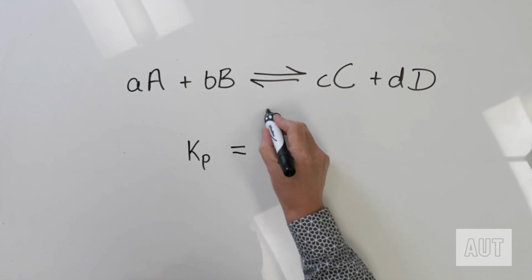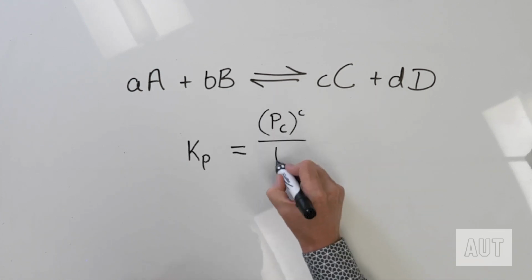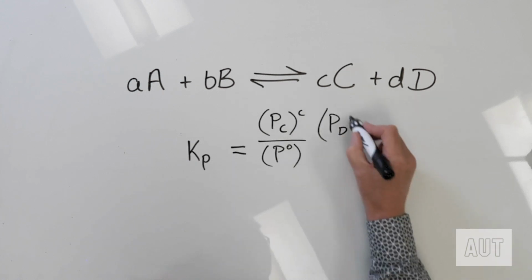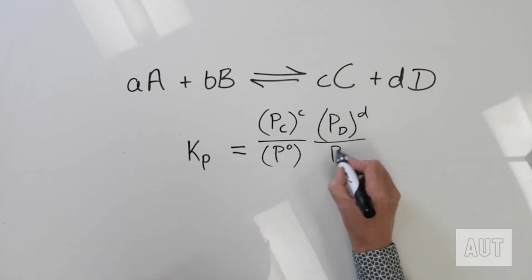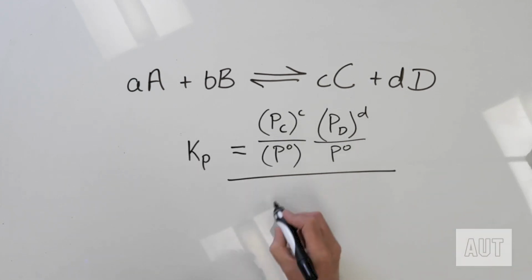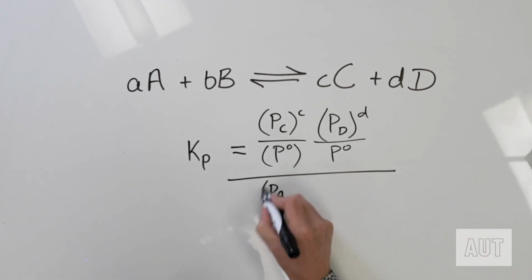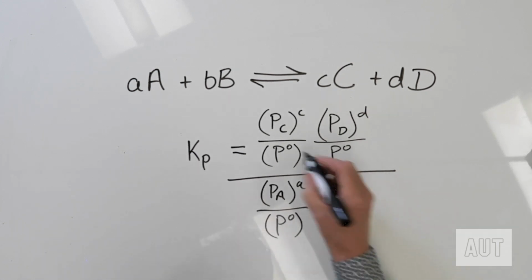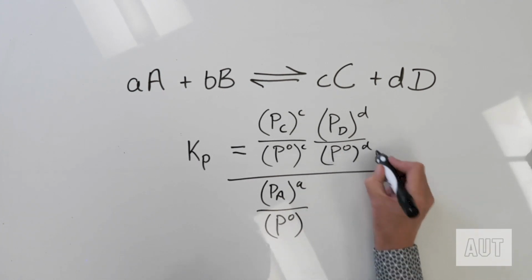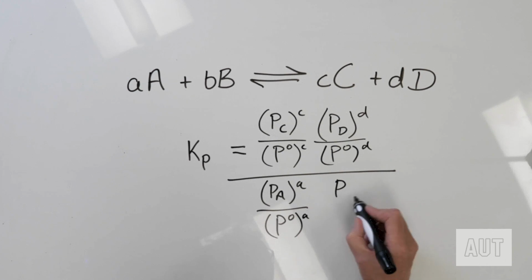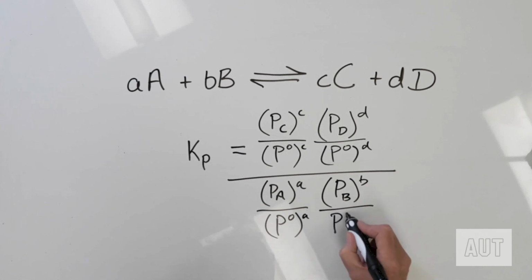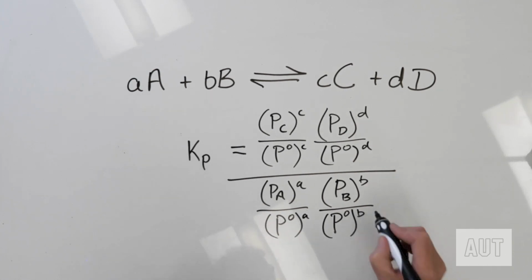So this is the pressure of big C to the power of little c divided by P standard, the pressure of big D to the power of little d over P standard, all over, yes, it's getting complicated, the pressure of A to the power of little a over P standard, all to the power of c and to the power of d and to the power of a, and Pb to the power of b over P standard to the power of b. And yeah, that does look complicated, doesn't it?